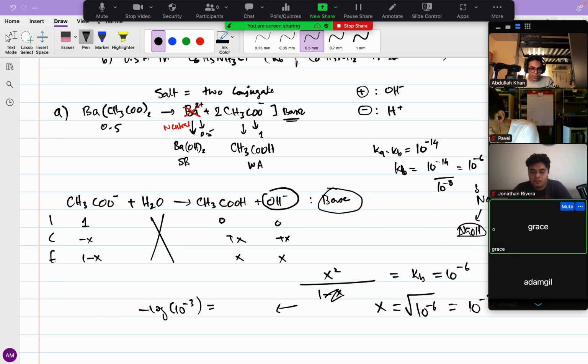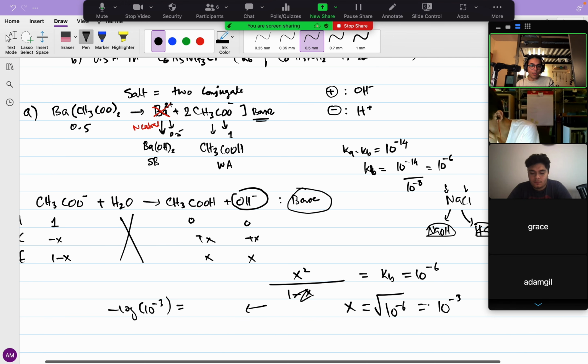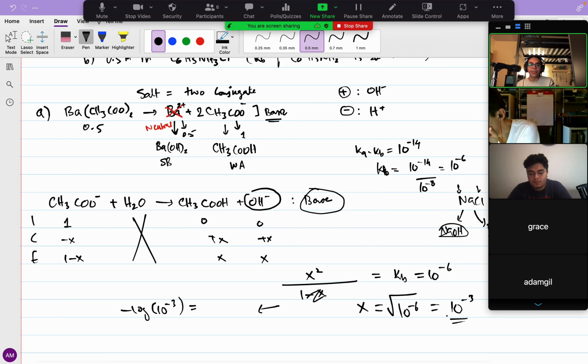Okay, let's think about it this way. What does x correspond to? Is it the concentration of H plus or the concentration of OH minus, looking at the ICE table? It's the concentration of OH minus. So if I take the negative log of that number, what do I get, pH or pOH?